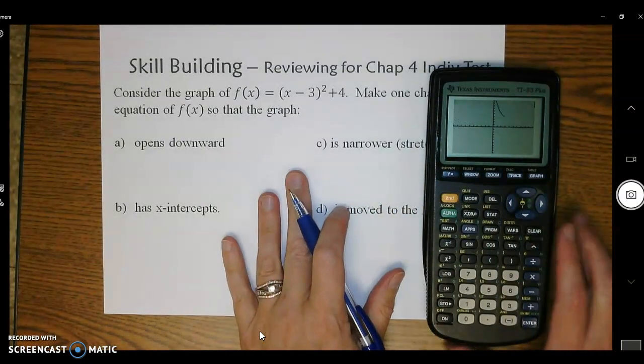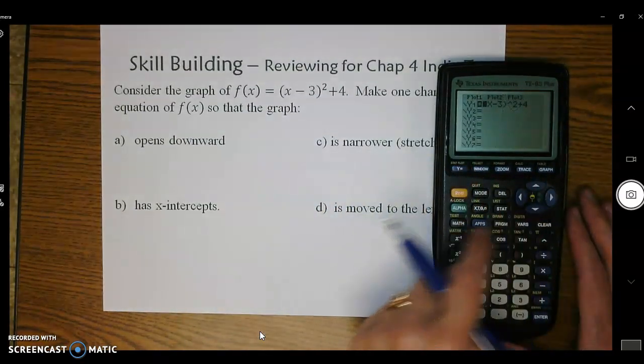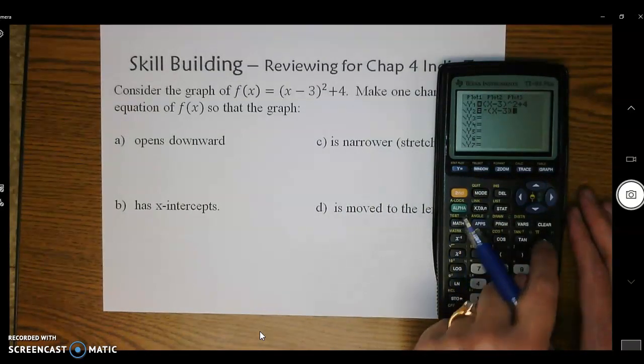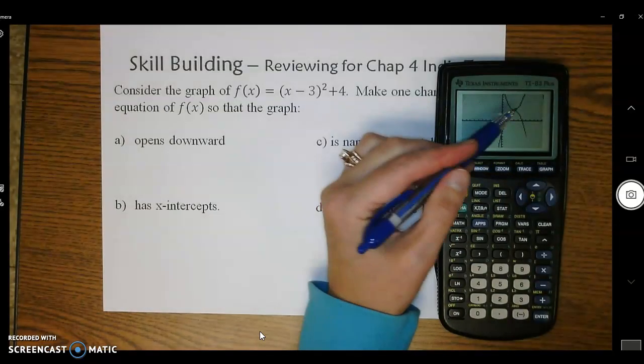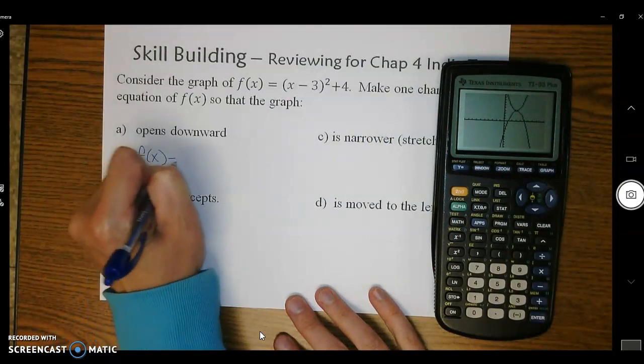So if I graph it right now, it's opening upward. I want to make it open downward, so I'm going to put a minus sign in front. You can see there's my upward one, there's my downward one. So if I put a minus sign in front, it opens downward.